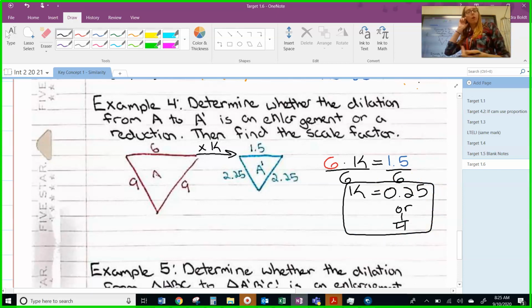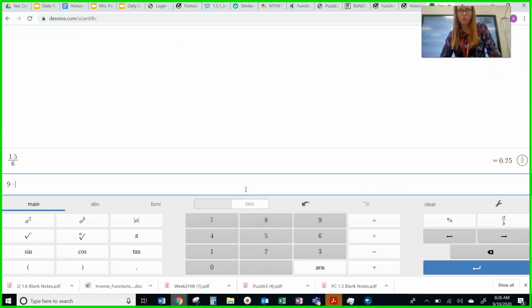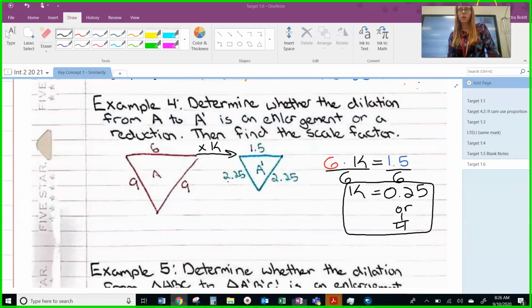And again, I don't need to worry about the other sides, because if I do 9 times 0.25, I'll get 2.25.